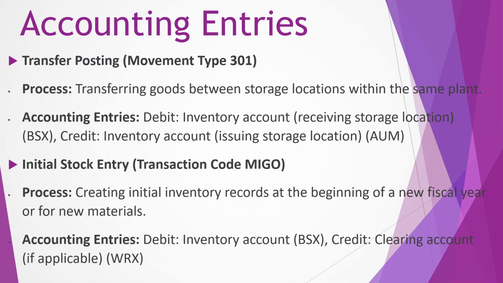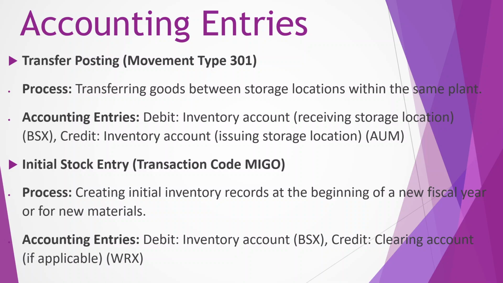Maybe in a single plant you have two storage locations A and B, and if they are transferring goods from storage location A to storage location B, in that case movement type 301 will be used. How will the accounting entry be? Debit the inventory account of the receiving storage location BSX, and credit the inventory account of the issuing storage location, and the transaction key is AUM.